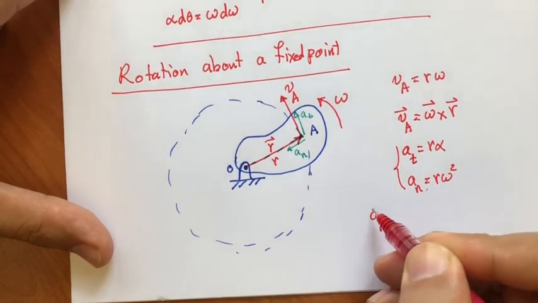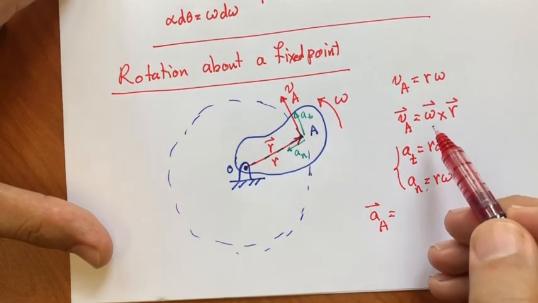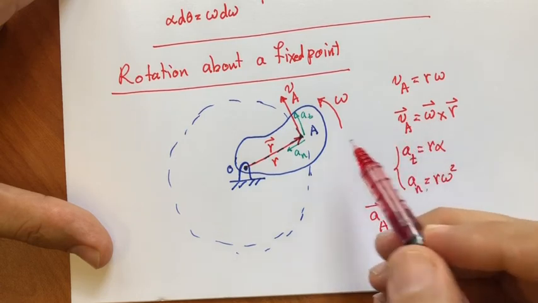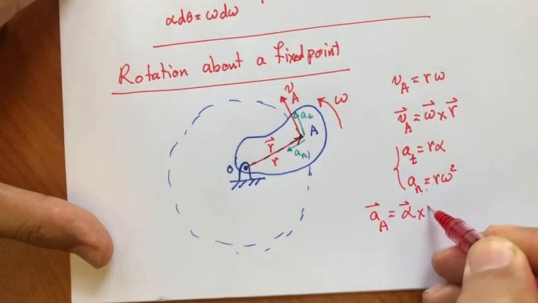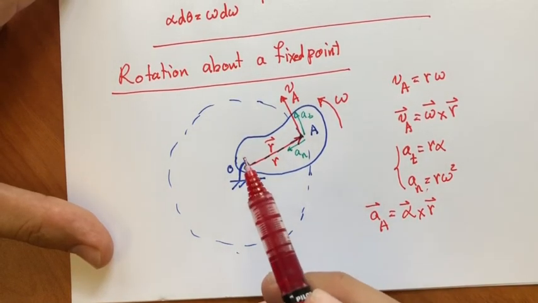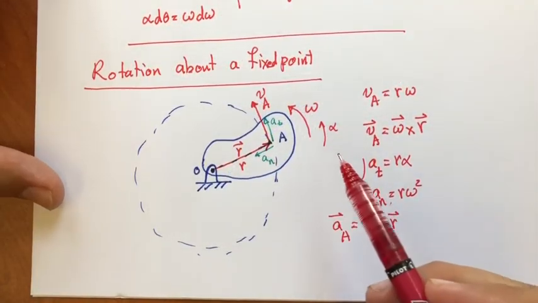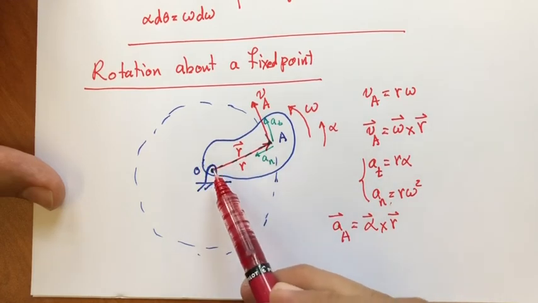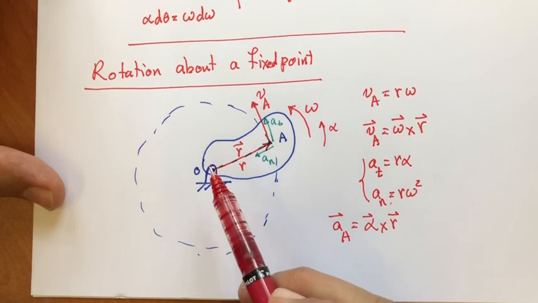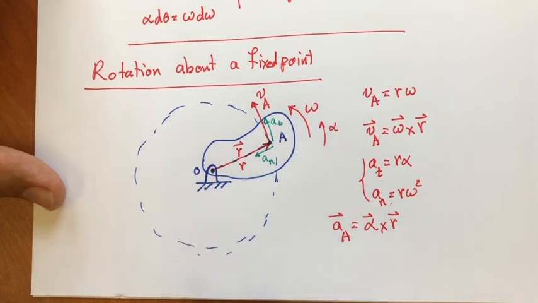Acceleration of A is going to be equal to this r times alpha, similar to what we had for the velocity, is going to be equal to alpha cross r. You can prove it yourself. Alpha, again, is a vector which is perpendicular to this plane. If alpha is in counterclockwise direction, based on right-hand rule, we are going to assume alpha is a vector which is perpendicular to this plane and it is outward. If alpha is clockwise, then the vector alpha is going into the plane. So alpha cross r is going to show the tangential part of the acceleration.